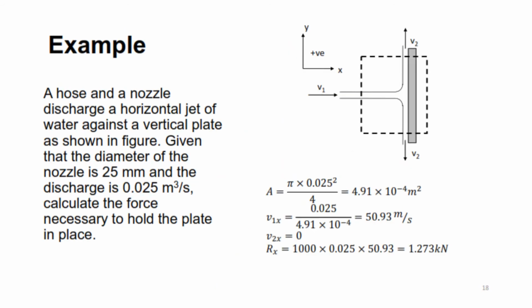Okay, then let's go through the example with numbers. Same as the previous question, but now we include the numbers. We have a hose and a nozzle discharging a horizontal jet. The diameter of the nozzle is 25 mm, so we need to convert to meters, and the discharge is 0.025.